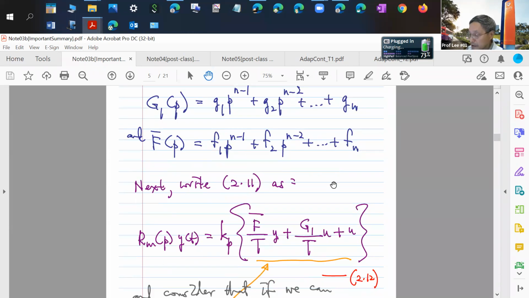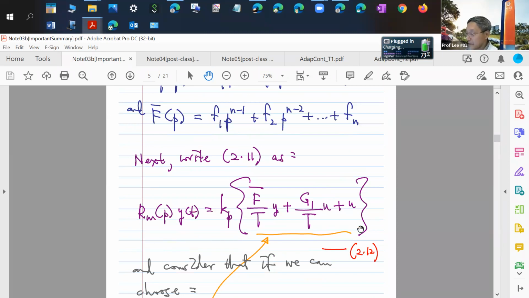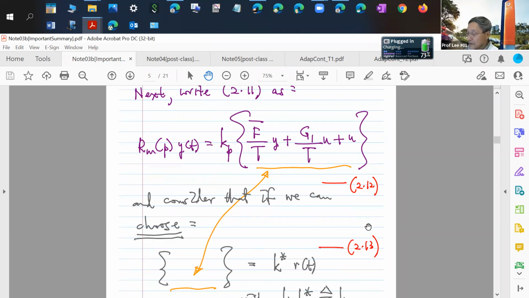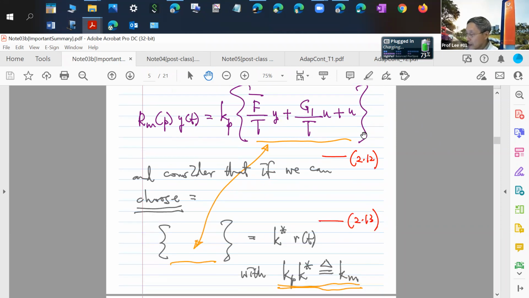Then we rearrange, and we see that this can be rearranged to be like that, pulling out the KP. Now, if it is possible somehow to set this whole set of terms in this curly bracket to be exactly equal to some k star r, where k star is essentially defined as kp k star equals km.